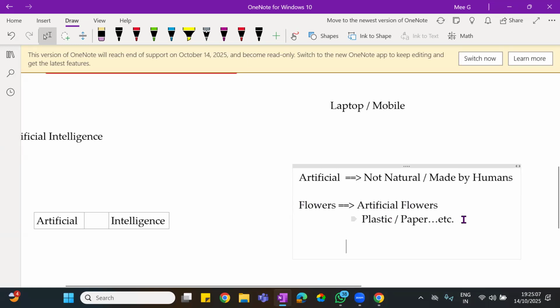Now, let's take one more: trees. Trees naturally exist. That's a part of nature.